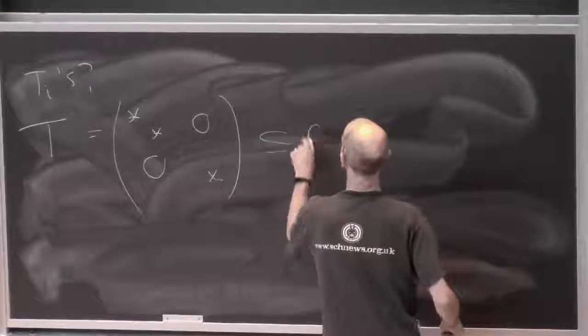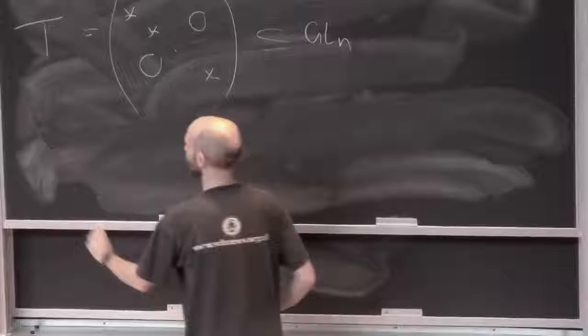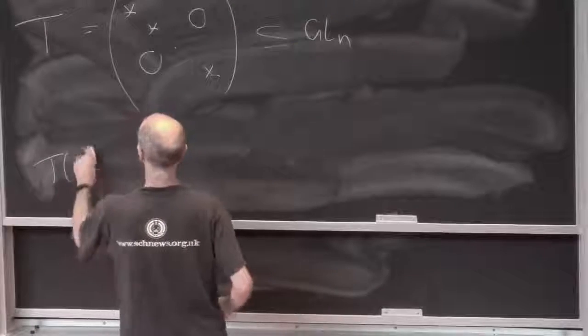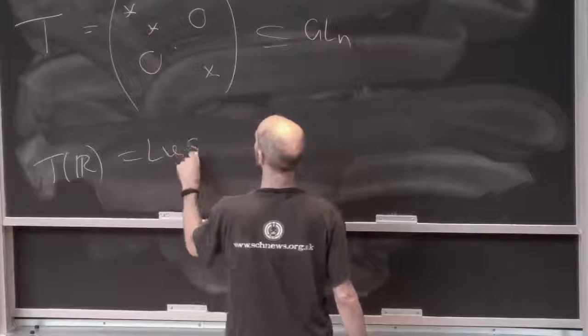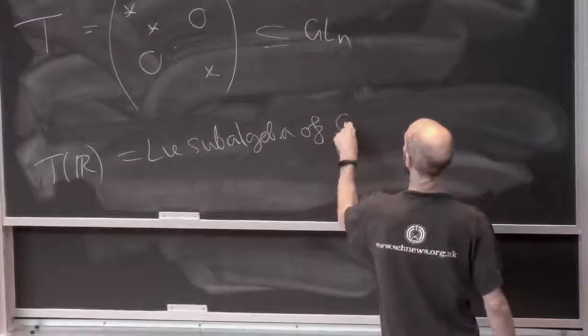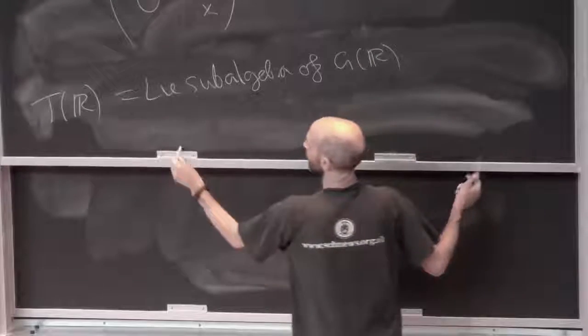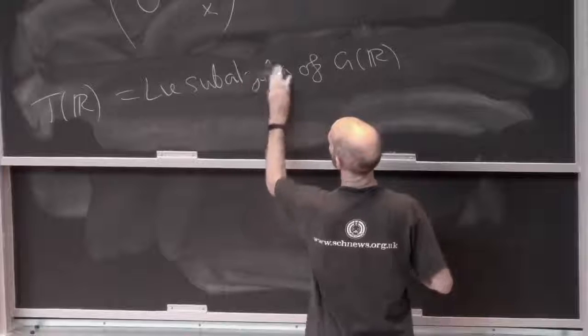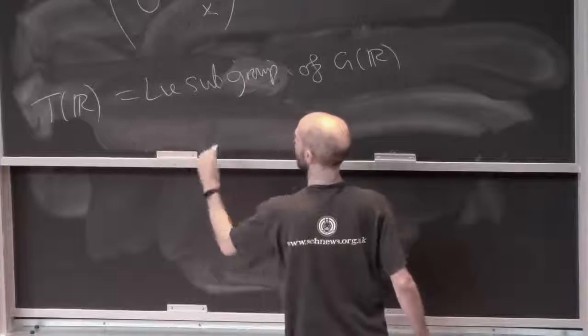This lives in GLN. Okay, so there's my torus, and T of R is a Lie subgroup of G of R, which is GLN of R, and that Lie subgroup has a Lie subalgebra.